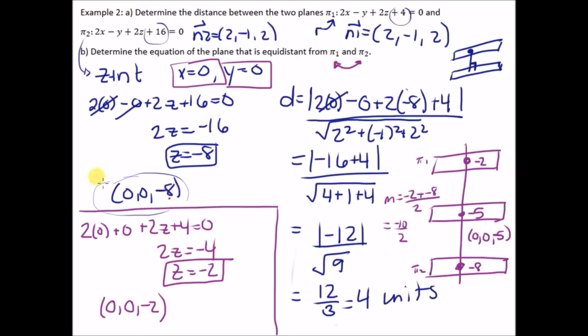I'm going to go ahead and erase everything on the bottom, but we're going to keep in mind that our plane is going to go through 0, 0, negative 5. And then, of course, our plane is also going to be parallel. Okay, so it's going to also have the normal 2, negative 1, 2.